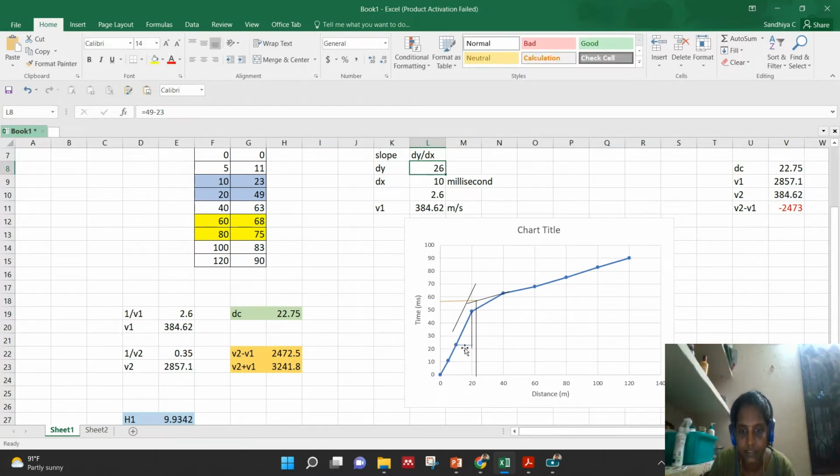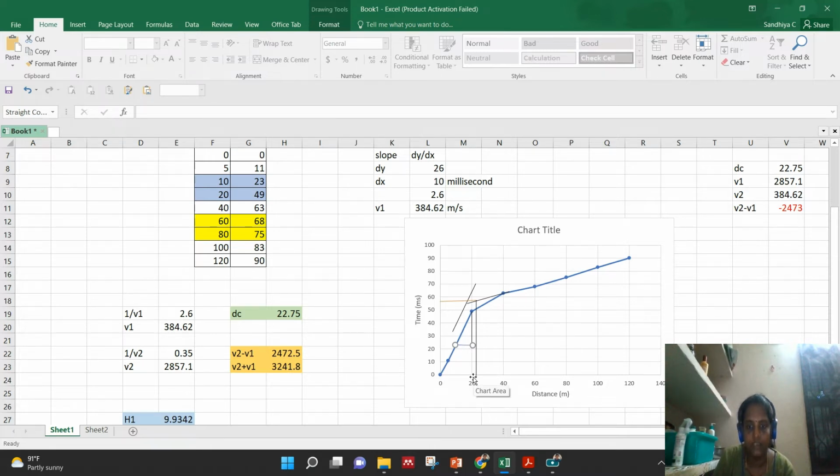Next, I need this small horizontal value, so that is going to be 0 to 20 minus 0 to 10. So this smaller length I will be able to find out, and that is the dx value. So dy by dx is going to be your slope.